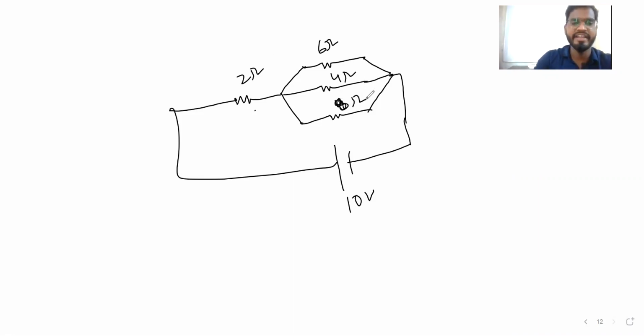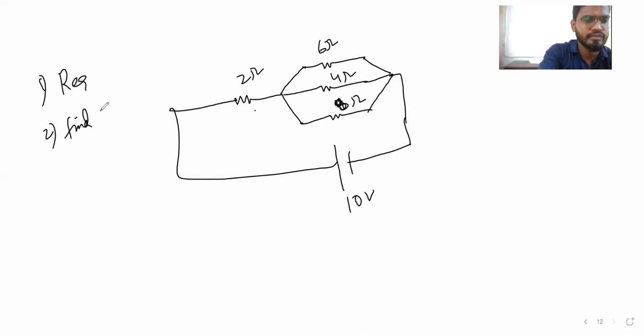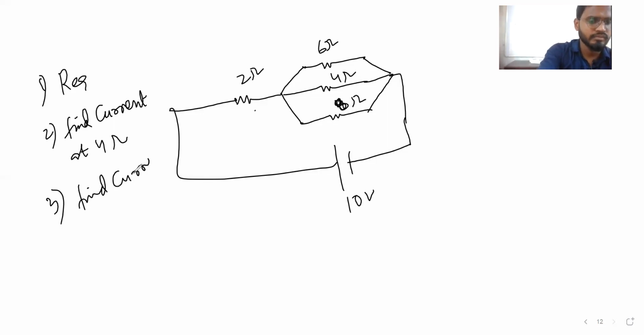Okay, again find R equivalent. Find the current at 4 ohm. Find the voltage at 8 ohm. These three questions.